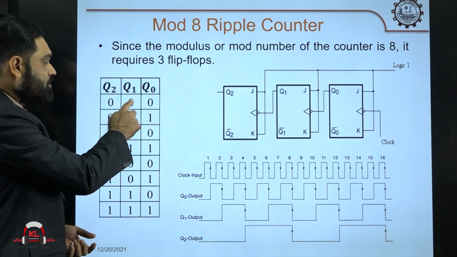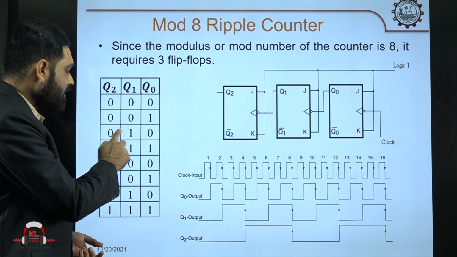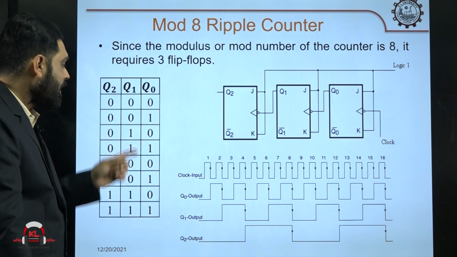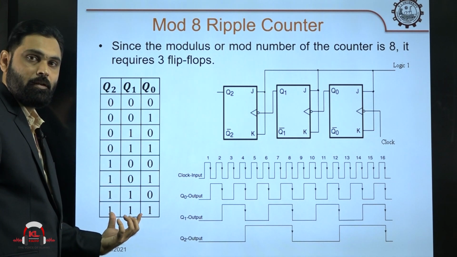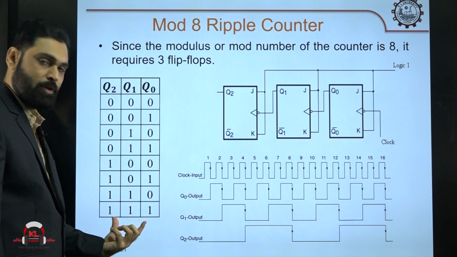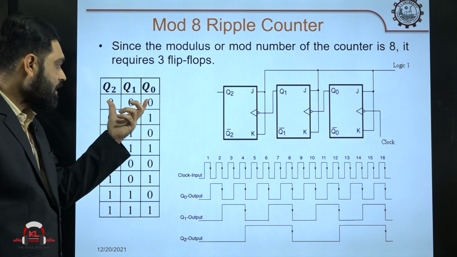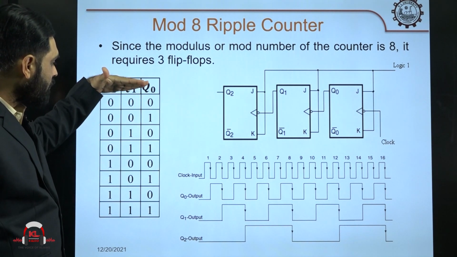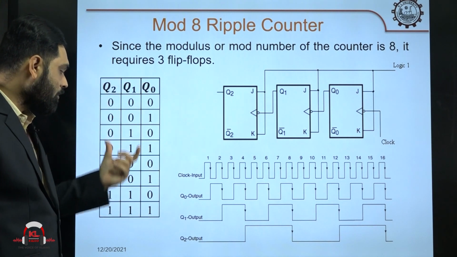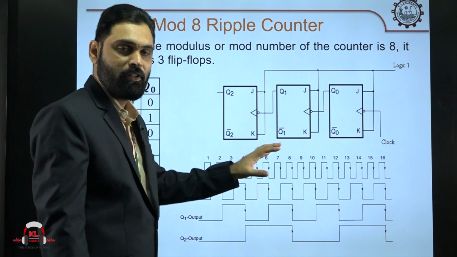First I want to produce 0 0 0, and after that with one increment I will take 0 0 1, and after that 0 1 0, like that every time the value increments by one, and finally it ends with 1 1 1, because in 3 bits the minimum value is 0 0 0, maximum value is 1 1 1. According to the 2 power n formula, 2 power 3 equals 8. So, 3 bits are used here. Whenever I want to count numbers 0 0 0 to 1 1 1, I want to count 8 values. I have to construct one particular counter, that counter is this.